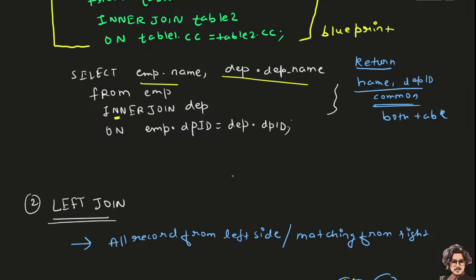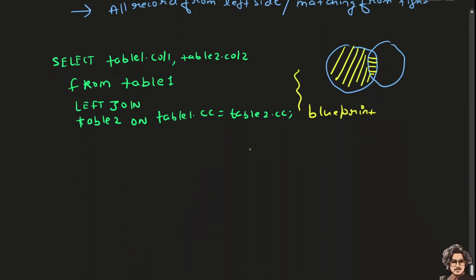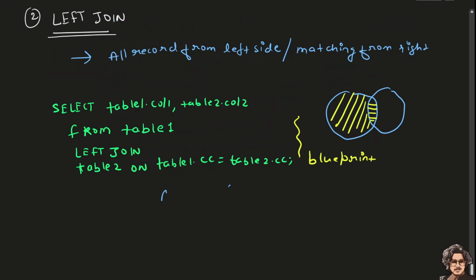After writing the left join query, what will the return type be? We expect it to return all the records from the employee table on the left, and the matching or common records from the department side.